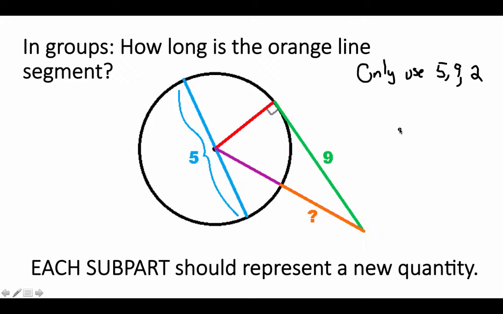So I'm going to start building this up. I want to find the length of the orange line, which is, of course, right here. Okay, well, I can see there's a right triangle here that I can use Pythagorean theorem on, right?